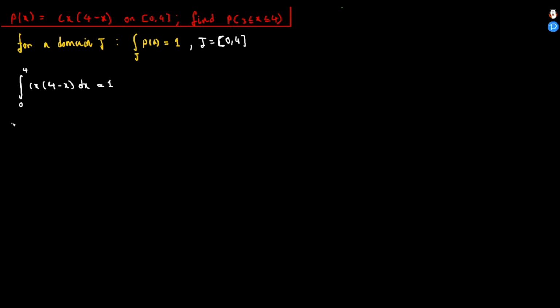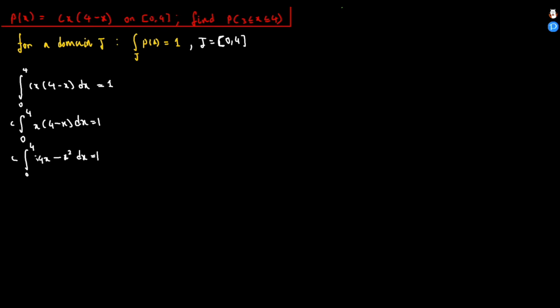Okay, so we can just pull the c out. It's a constant, 0 to 4, x times 4 minus x dx equals 1. Let's just expand this out, so that gives us c, 0 to 4, 4x minus x squared dx equals 1. Right?